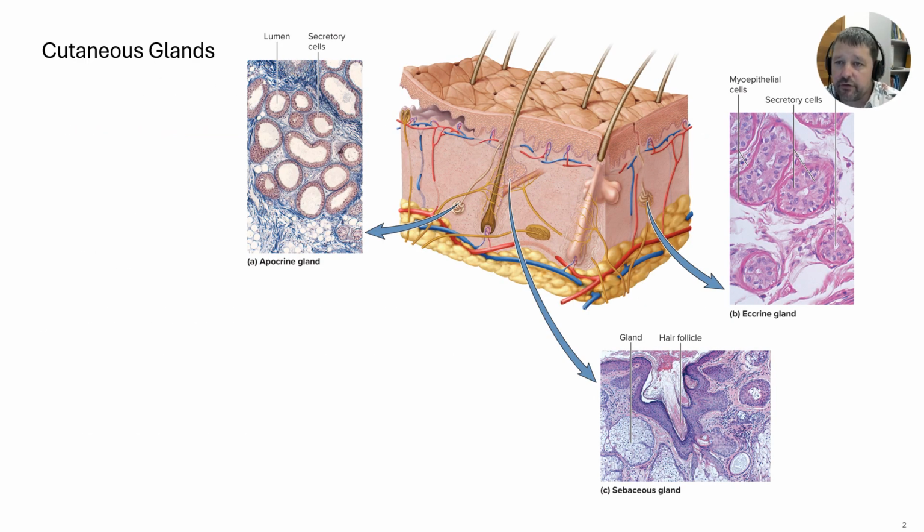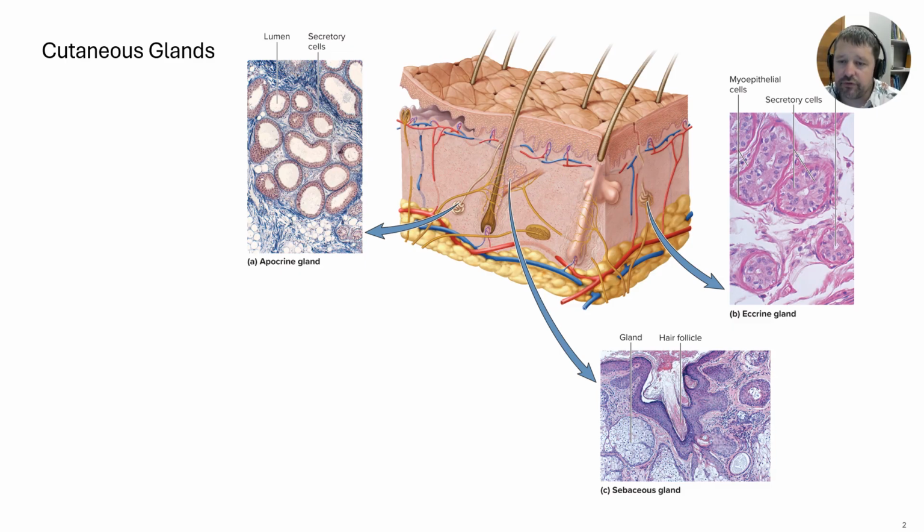So let's look at some of those myoepithelial cells. Again, they react to nerve impulses, which can cause them to contract and cause the gland to squeeze. The material can then leave the gland via a duct, or via exocytosis.